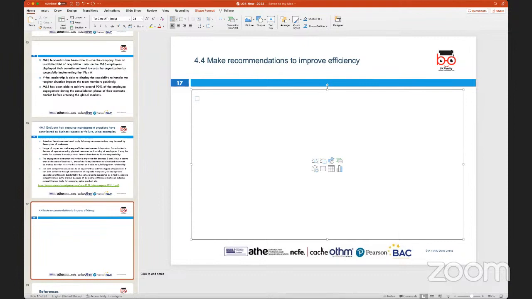Now, one of the things that I would suggest to tackle this particular task is looking at generic options of how efficiency, or basically boosting of efficiency, can be done. When I say boosting, what I mean is improving performance or improving efficiency within organizations.